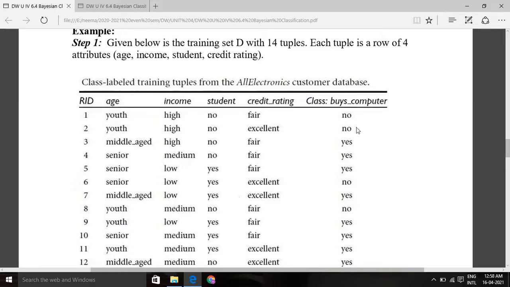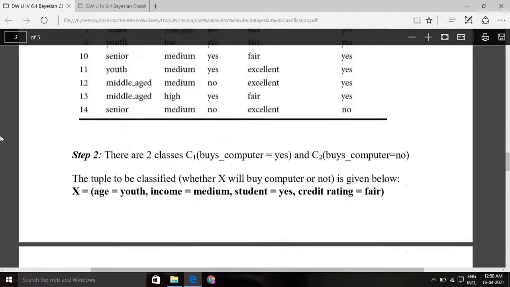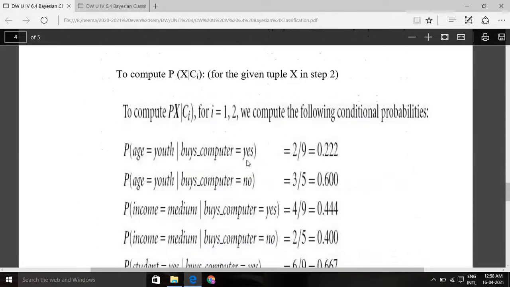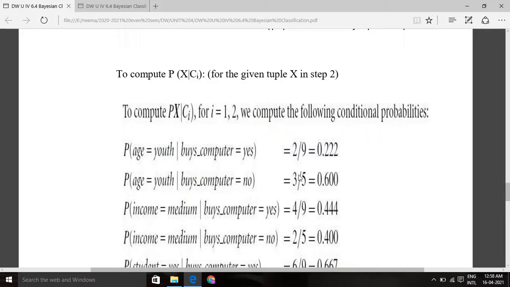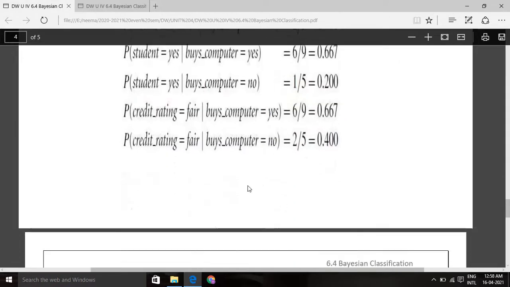Similarly for no: 1, 2, 3. So for age equal to youth and buys computer equal to yes we have 2, and for age equal to youth and buys computer equal to no we have 3. So 2 by 9 is this value, 3 by 5 is this value. Similarly you have to find out for income, student and credit rating, and we get all these values.